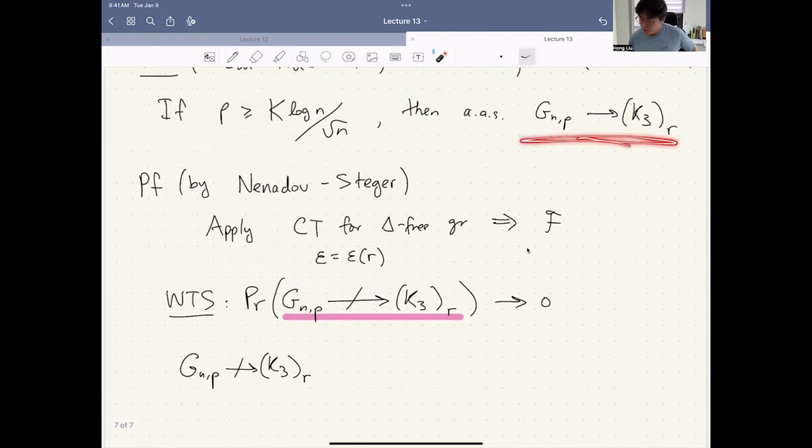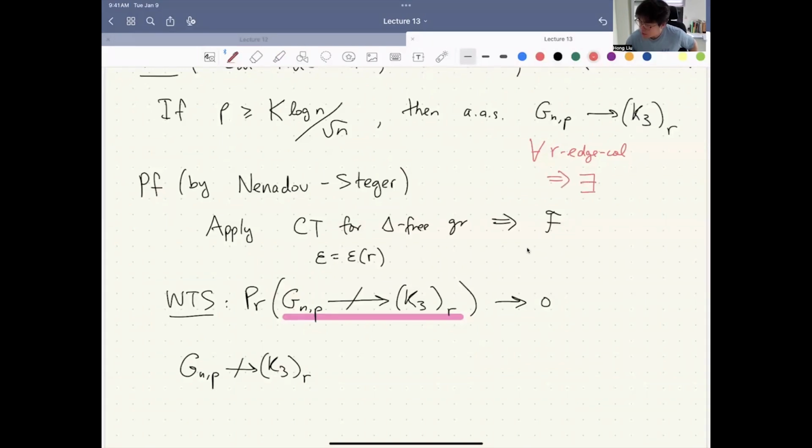Arrow means, let's write here our cheat sheet, for every r-edge coloring, there exists a monochromatic triangle.